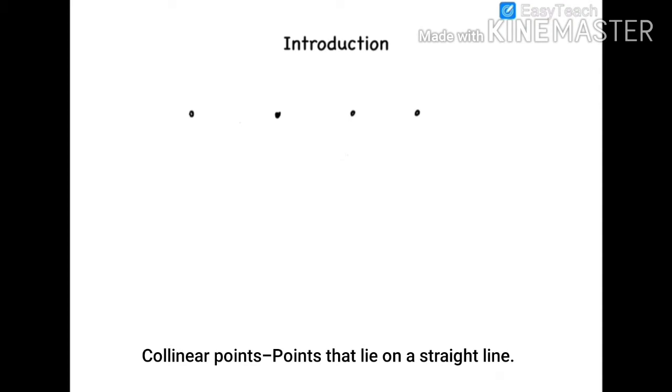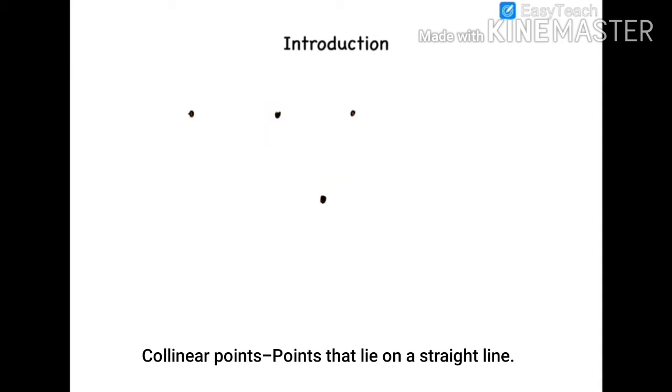Let's consider these 4 points. If we have 4 points which are collinear, then on joining them we obtain a line. But let's say out of these 4 points, 3 points are collinear. Then on joining these points, we will get a triangle.